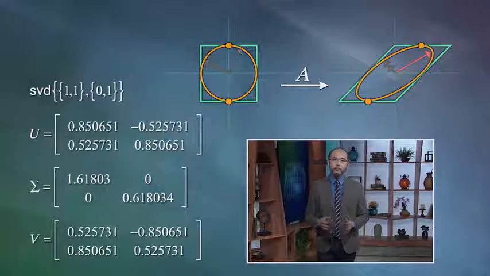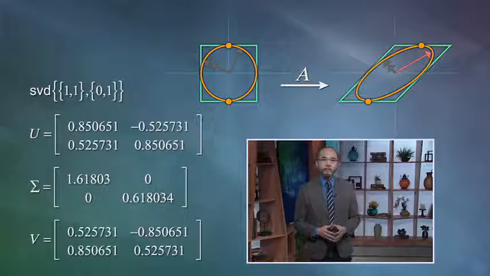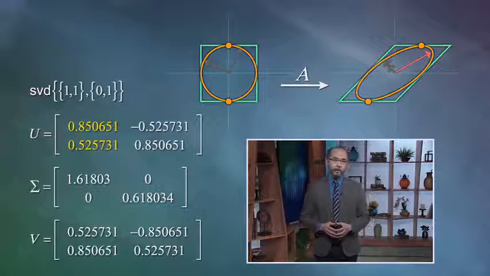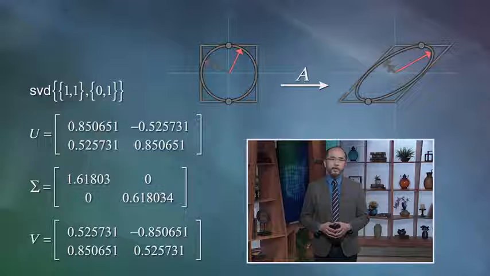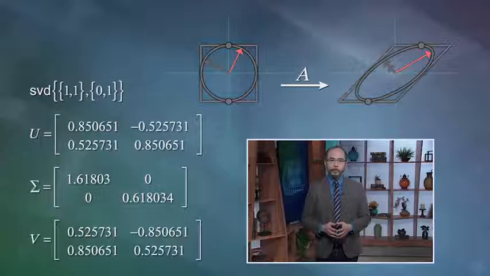Now, the semi-major axis points in the direction of 1, 0.618, and if you normalize that, you get the first column of U. The semi-major axis turns out to be the image of the unit vector with a single arrowhead in the left picture.